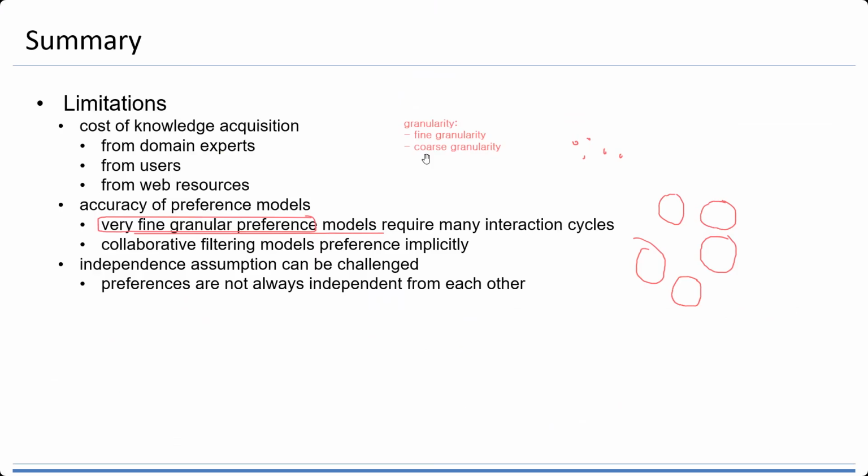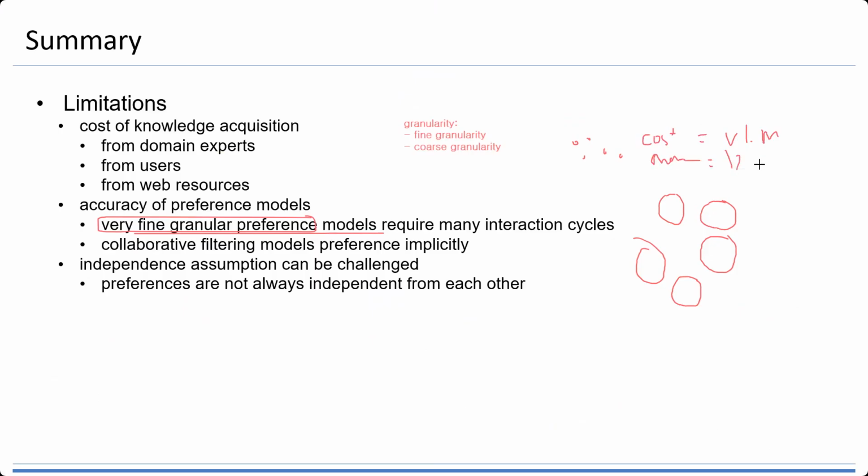Nothing about value, nothing about specification, only a better smartphone. So we call this coarse granularity. Fine means very detailed, like the cost equals a particular value, 1 million won, or the memory is very detailed.